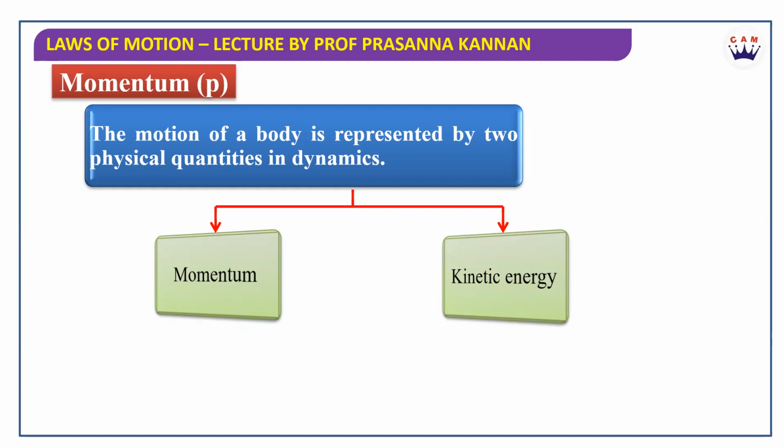Now, my question to you is, is momentum a scalar or a vector? Vector quantity. A vector quantity is something which has both direction and magnitude. And what about kinetic energy, guys? Kinetic energy is a scalar quantity. Any energy, any work done is a scalar quantity. Clear?